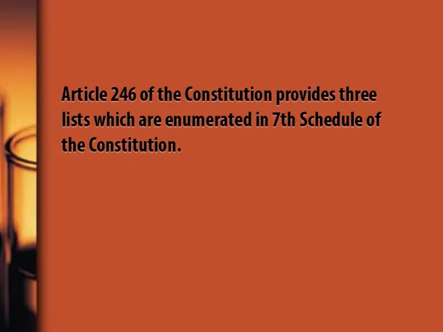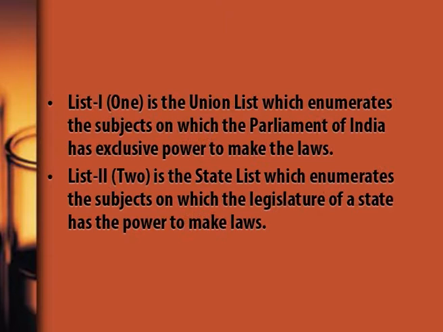Article 246 of the Constitution provides 3 lists which are enumerated in the 7th Schedule of the Constitution. List 1 is the Union list, which enumerates the subjects on which the Parliament of India has exclusive power to make laws. List 2 is the State list, which enumerates the subjects on which the legislature of a state has the power to make laws.